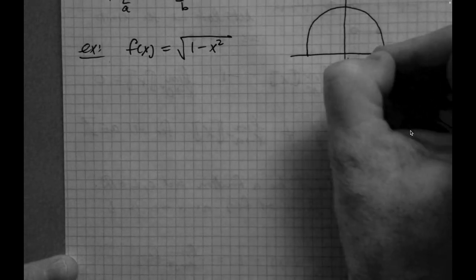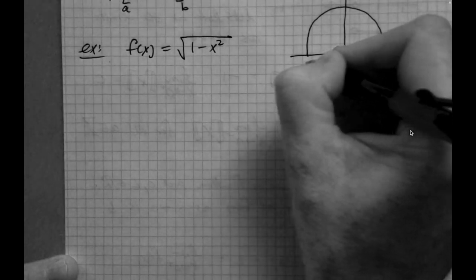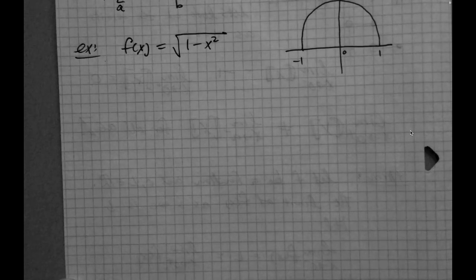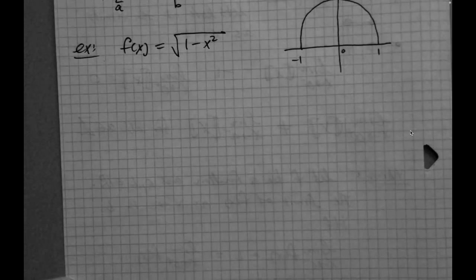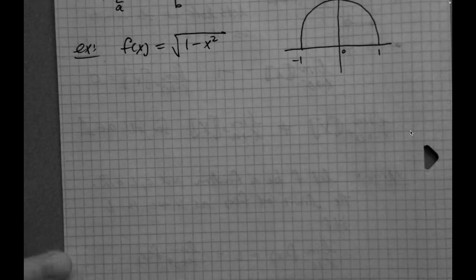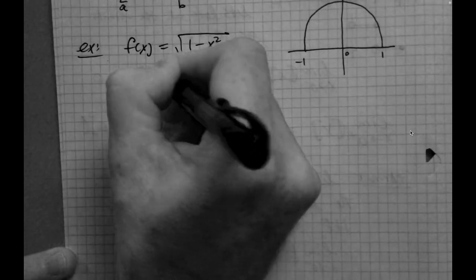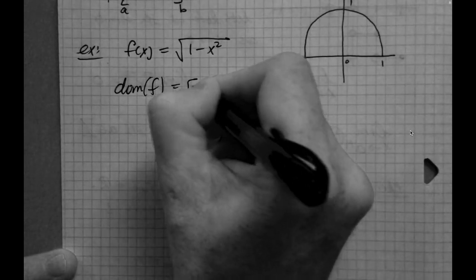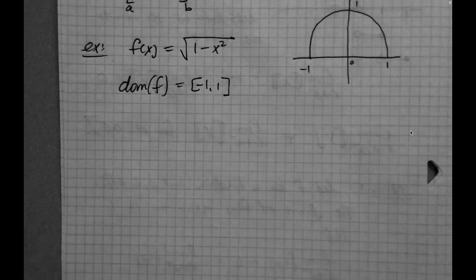So you've got 0 here, this is positive 1, that's negative 1, and this would of course be 1 up there as well. This function has a domain, as we said previously. The domain of f is equal to the interval [-1, 1].